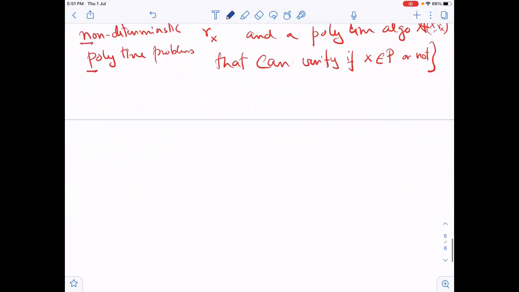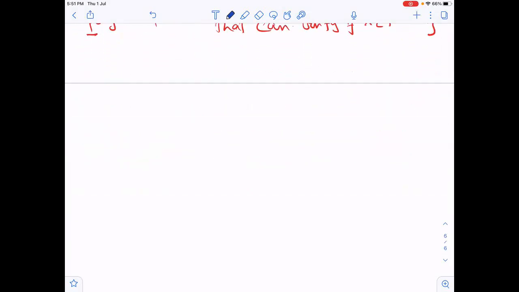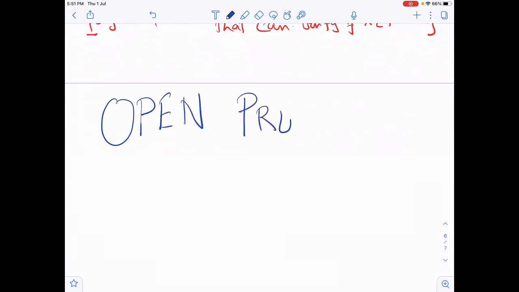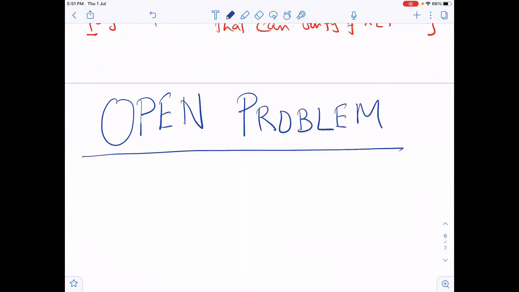And the big question here is the big open problem. If you solve this open problem, a lot of things can happen. You can become a millionaire, you can become a zillionaire, you can also be hijacked by terrorists.